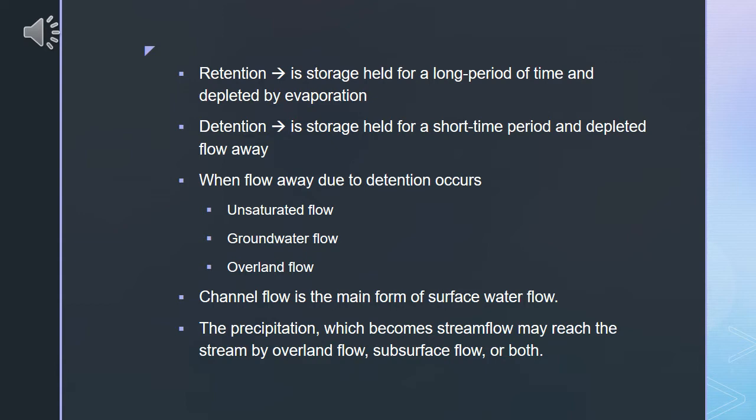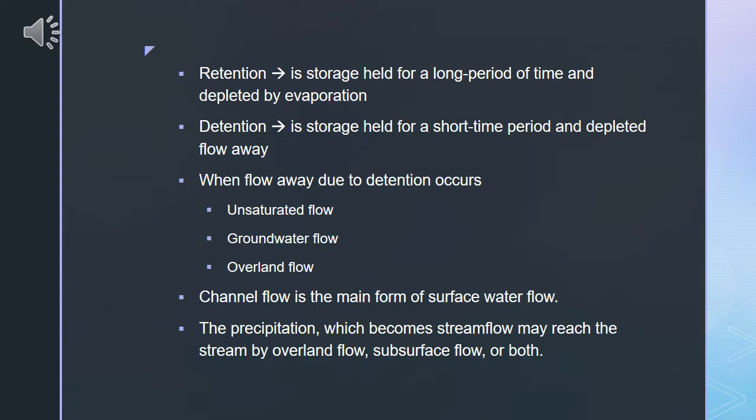So retention we can think of as soil moisture, which is kept within the soil for a long time period, and detention we can consider as ponding of water, which is just going to flow away during a short time. When flow away due to the detention occurs, we have three flows: unsaturated flow, groundwater flow, and overland flow.